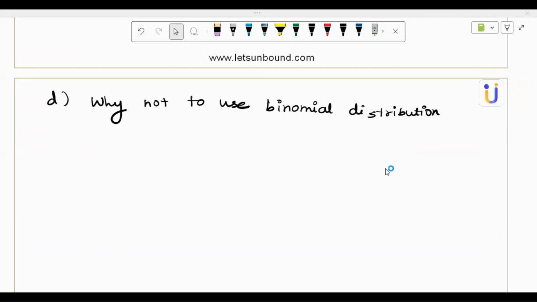Now, John randomly chooses 10 students from the survey. State why John should not use the binomial distribution to find the probability that 5 of these students have a dog. Right? Okay, so let's see why.